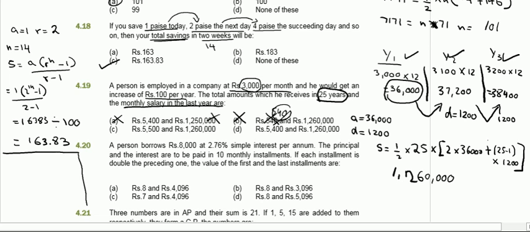Now to calculate the monthly salary for the last year, we can say that the monthly salary in the first year was 3,000 and it keeps on increasing by 100 in each of the years.